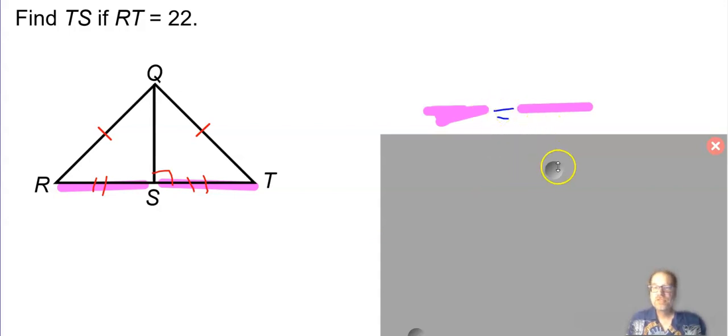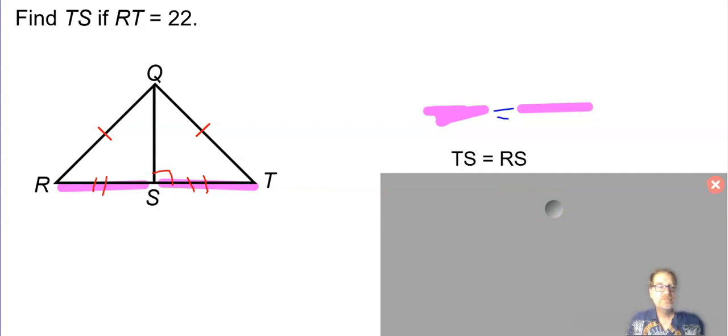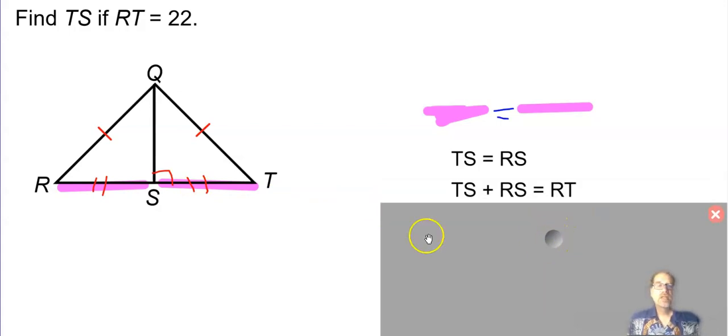So TS, the right side, equals RS. And TS and RS, they are both purple, they add up to equal the entire side.